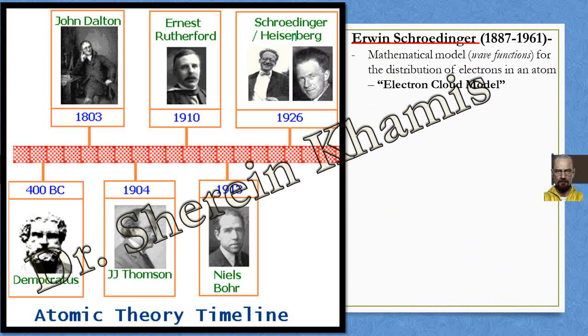He made a wave function, which comes from the physics part of science, that gives a mathematical model for the distribution of electrons in an atom, or what we call the electron cloud model. So here we have the name of the model that Schrödinger made.